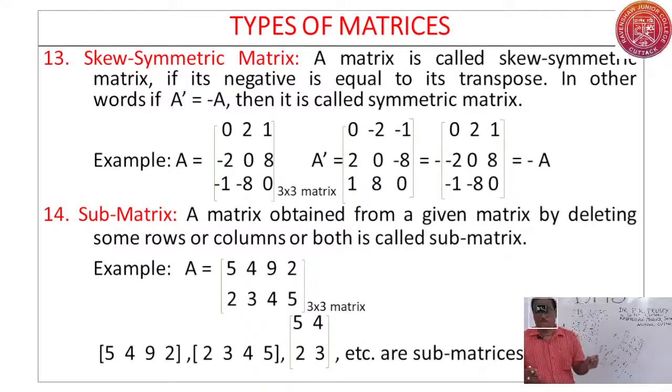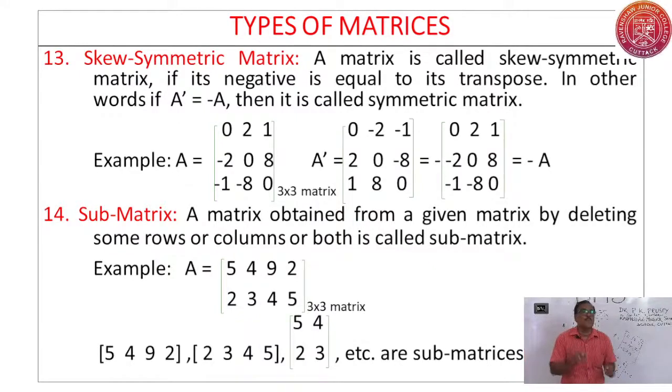In the example I have given, 5, 4, 9, 2 is the first row of that matrix, second row 2, 3, 4, 5. So this is your 2 into 4 matrix. Suppose the second row we have to delete, then we get 5, 4, 9, 2. Suppose the first row is deleted, 2, 3, 4, 5.